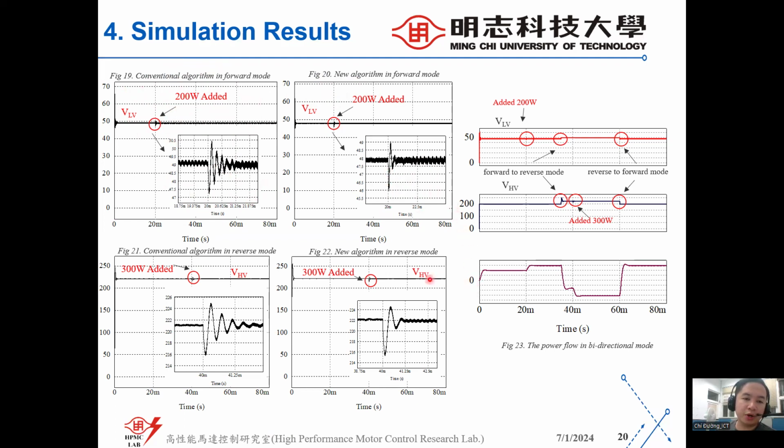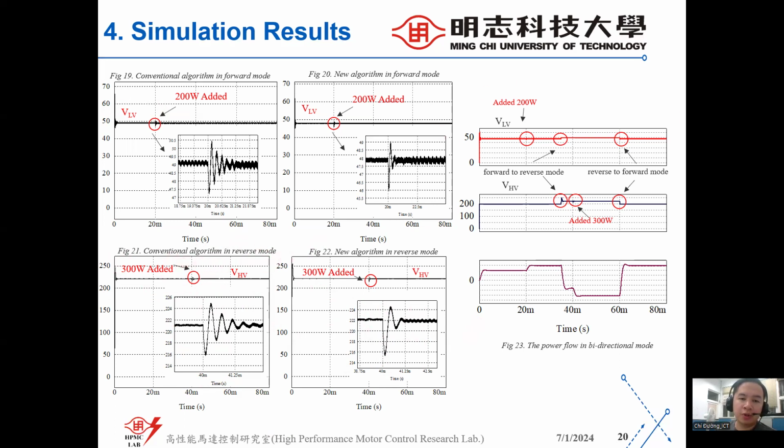And with the new algorithm in the reverse mode and the conventional in the reverse mode also, the voltage is first stable at the reference voltage of 222 volts, but with the same power added, the settling time in the reverse mode is reduced.